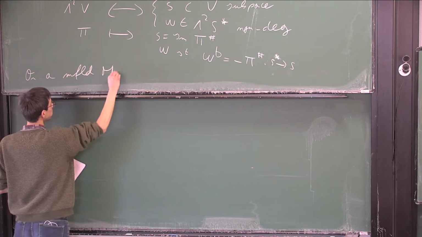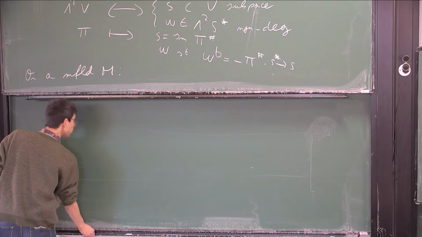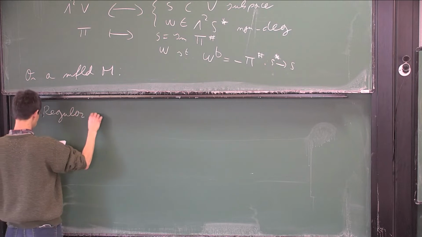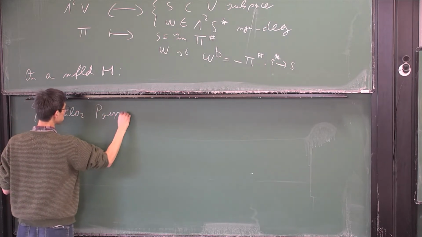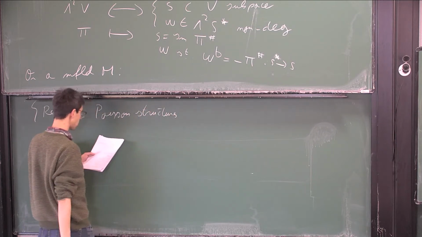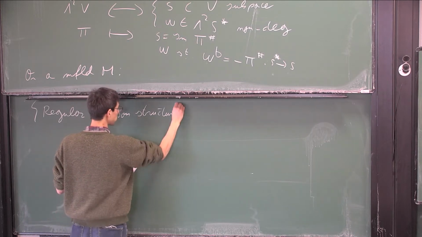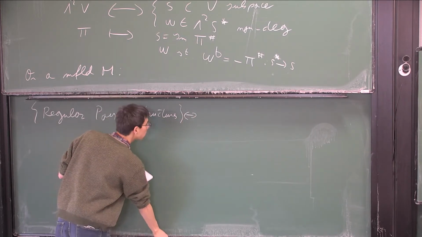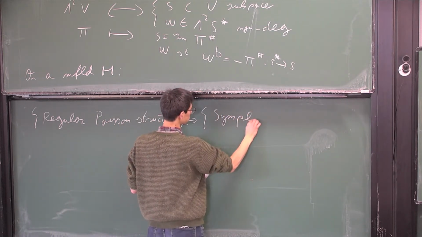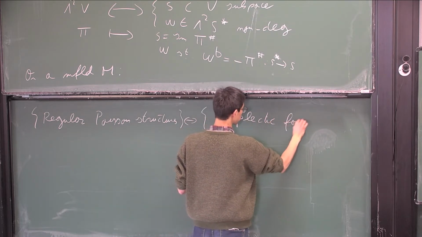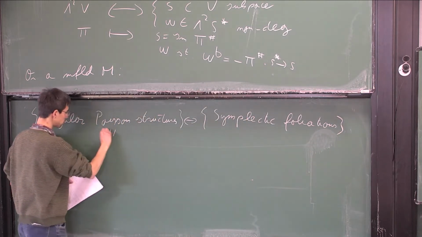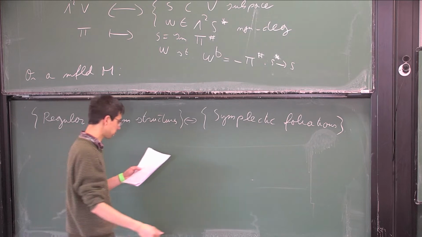So now I fix the manifold M. On the manifold, we have a bijection between regular Poisson structures, and I hope it's visible, I will call Poisson bivectors always pi, and the symplectic foliation, well, it's a pair.